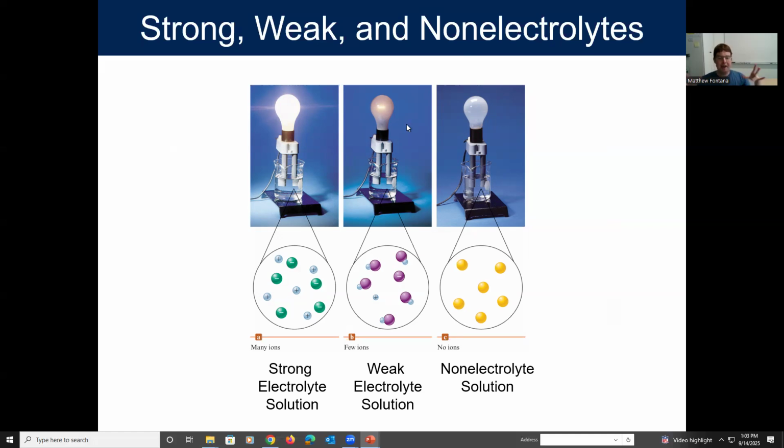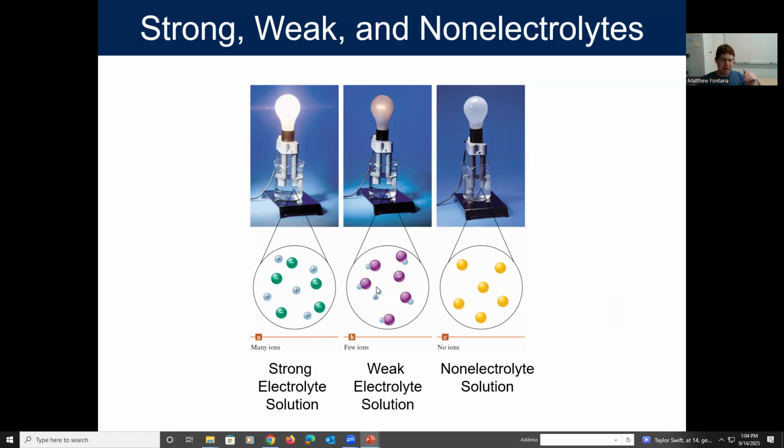At the molecular level of what we're viewing here, a strong electrolyte solution has many dissolved ions. You'll notice in the weak electrolyte solution, we don't have as many ions as we did in the strong electrolyte solution. We only have one anion and one cation, and so that is a weak electrolyte solution.